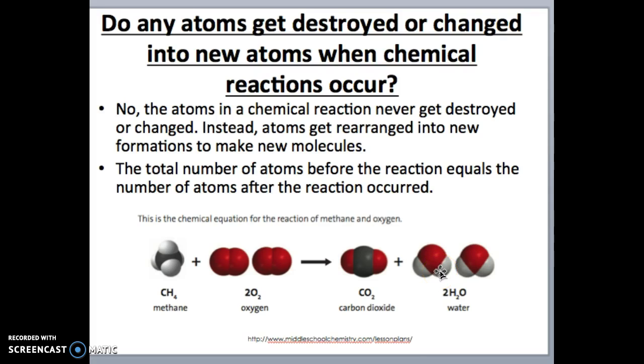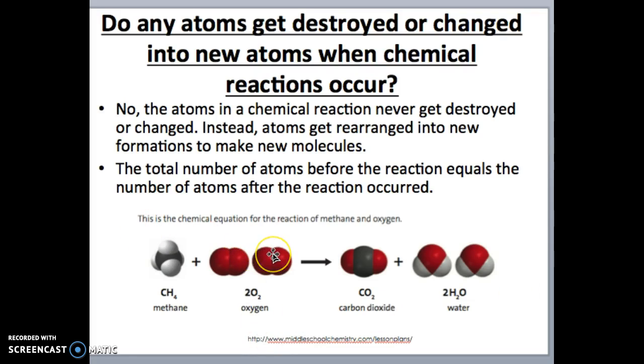Now, if you count the total number of atoms, it's the same. So you can see there's 1, 2, 3, 4 hydrogen atoms here, 1, 2, 3, 4 hydrogen atoms on the product side. We have 1 carbon atom on the reactant side and 1 carbon atom on the product side. And we have 4 oxygen atoms on the reactant side, and we have 1, 2, 3, 4 oxygen atoms on the product side. And so you can see the total number of atoms never changed. It's just the way these atoms are bonded together are different, and that's how chemical reactions work.